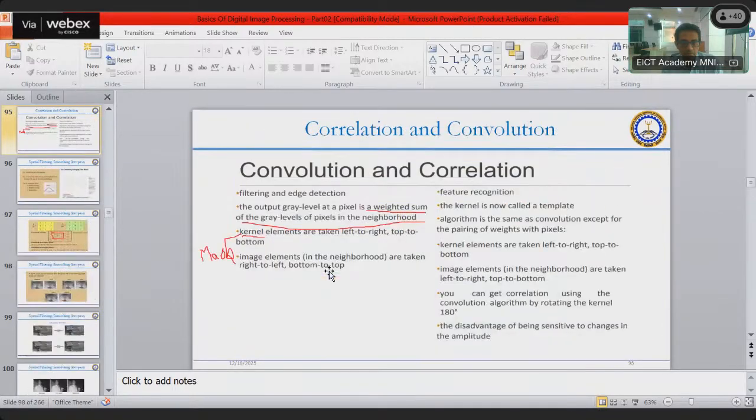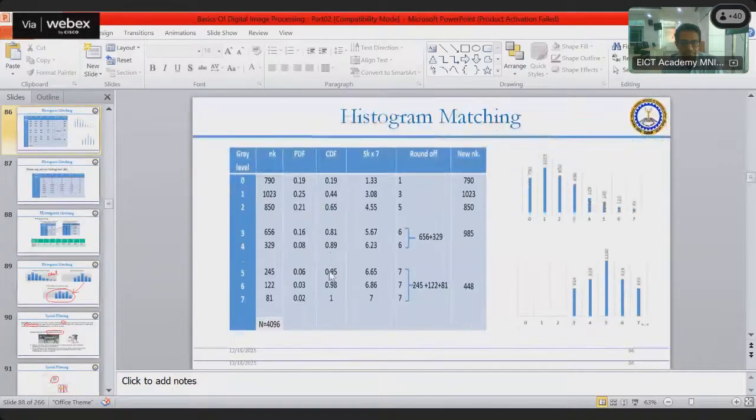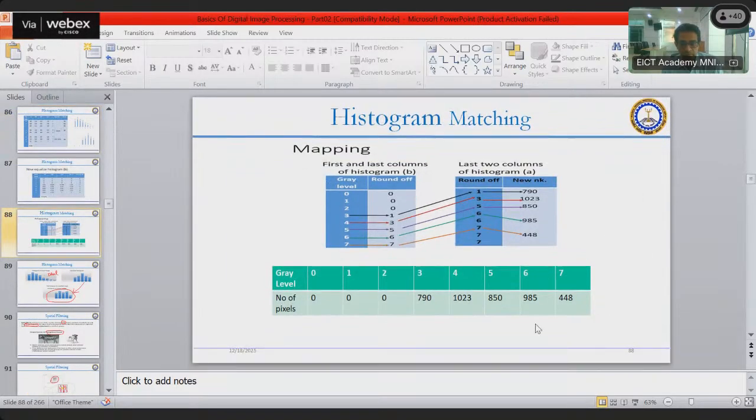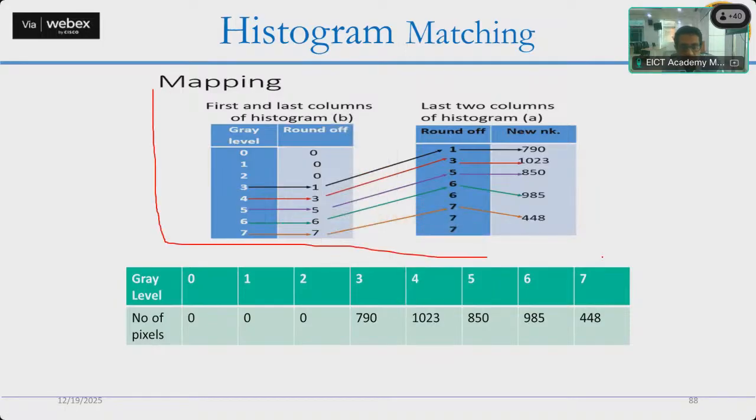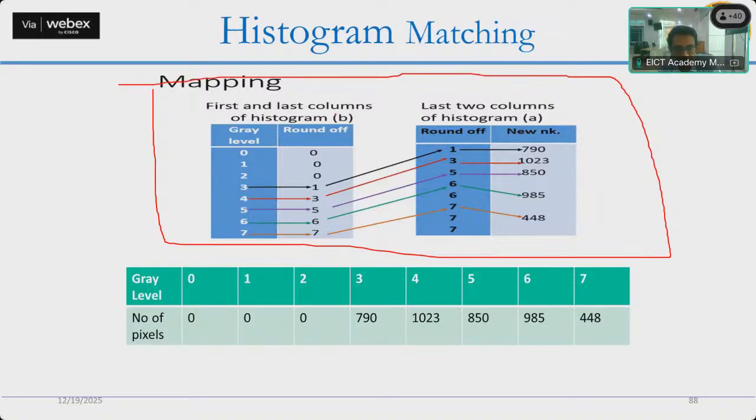The additional part is this. You have to take the first and last column of histogram B, where the gray level is there, and the last two columns where the round off value is there. And thereafter you have to take the new n.